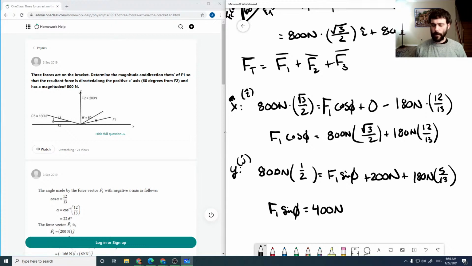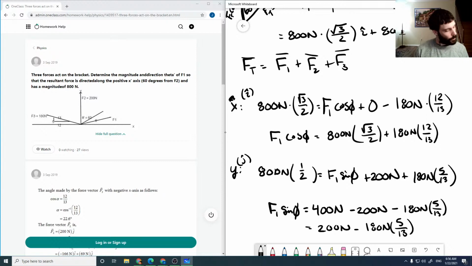So I'm working that one out because then I don't have to worry about the decimals. Minus 200 newtons minus 180 newtons times 5 over 13, and I can do that subtraction pretty readily. And there we go.